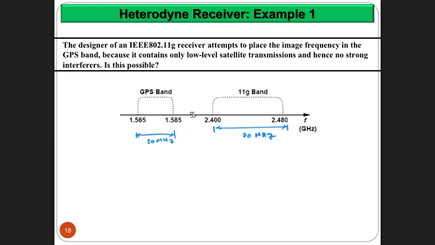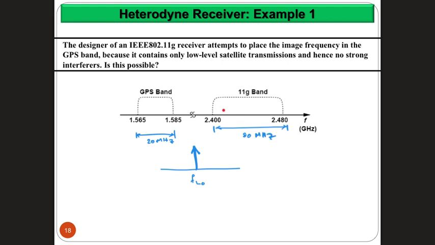This means that my local oscillator, and here we are talking about using a fixed local oscillator. Assuming that I put that local oscillator here, this is my FLO, and that one is going to map this to be the image of this.